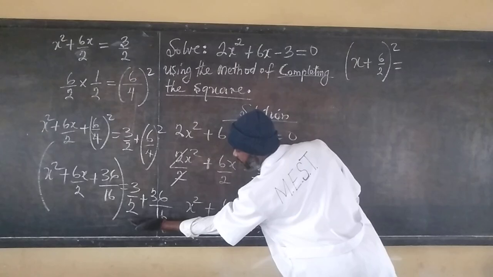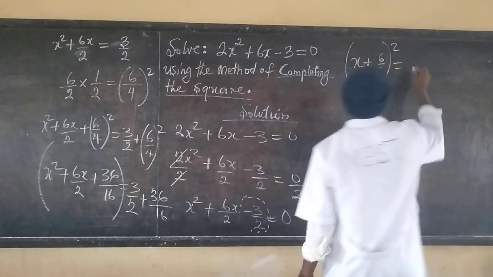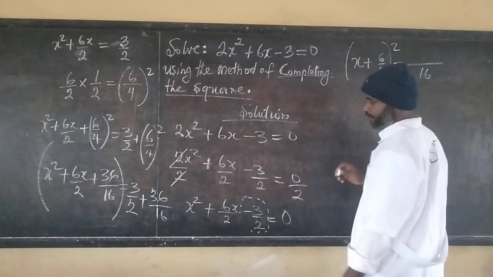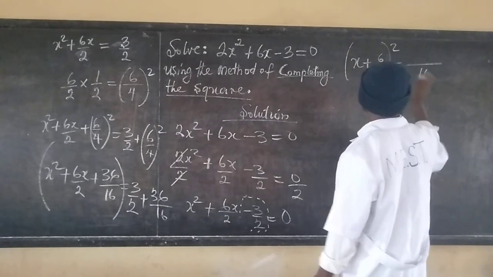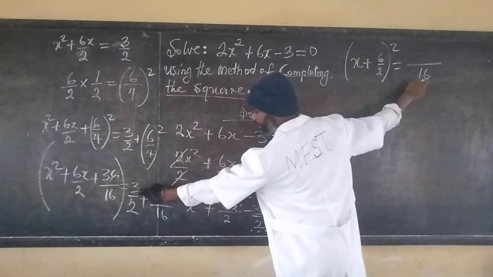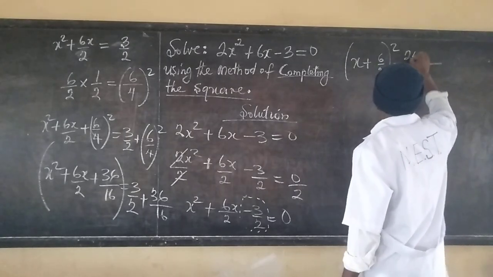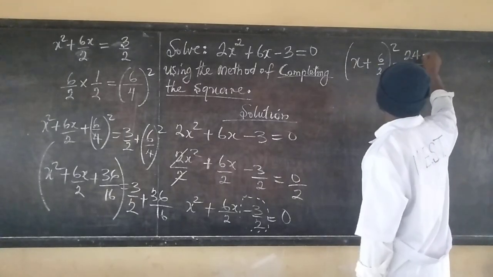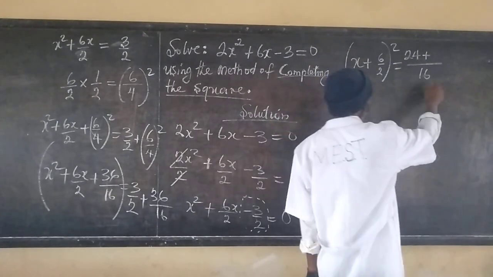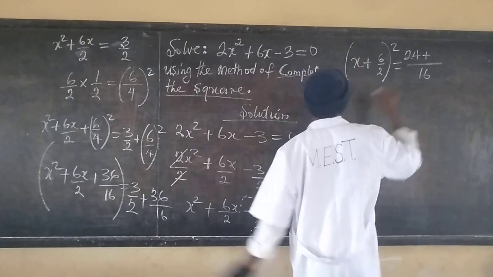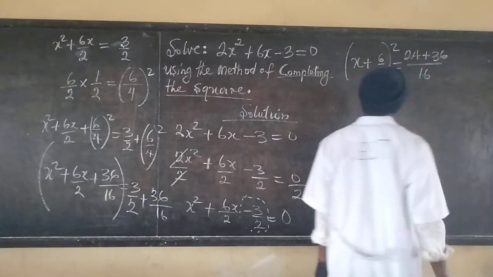The LCM of 16 and 2 is 16. 2 divided into 16 is 8, 8 times 3 is 24. 24 plus 36 is 60, so we have 60 over 16.